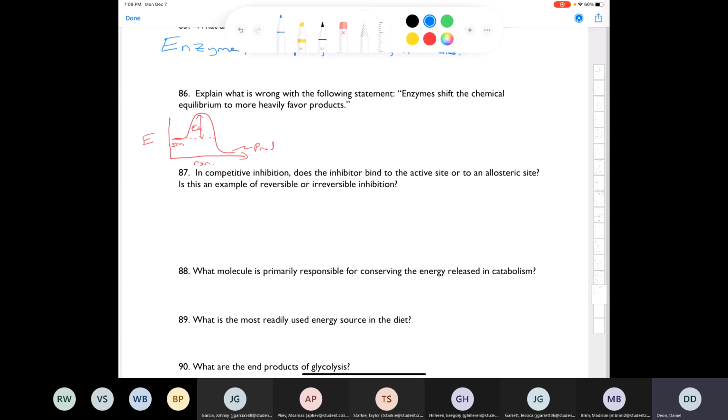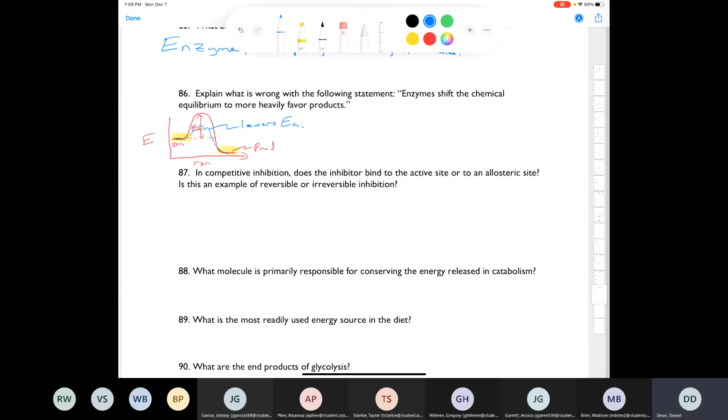But if we run an enzyme-catalyzed reaction, that's going to change the pathway, but it also lowers the activation energy. So the equilibrium remains the same, right? It has nothing to do with equilibrium.